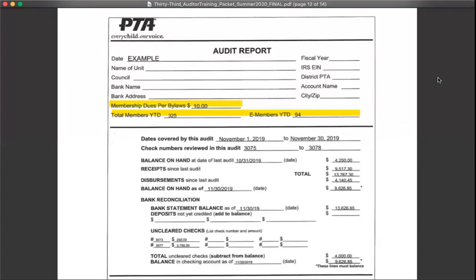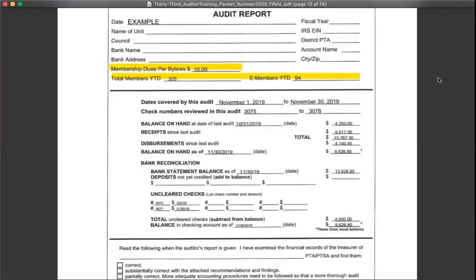Okay, this particular audit, I just put it for a month because that was my example, but the dates covered would be usually January 1st through June 30th and July 1st through December 31st, unless you're having an audit because someone's left or the bank account is closed. So we can pretend that someone left on October 31st and they started November 1st, but that's just an example.